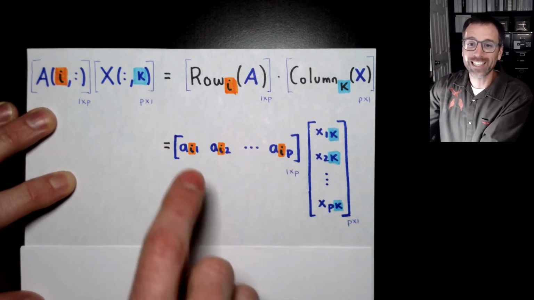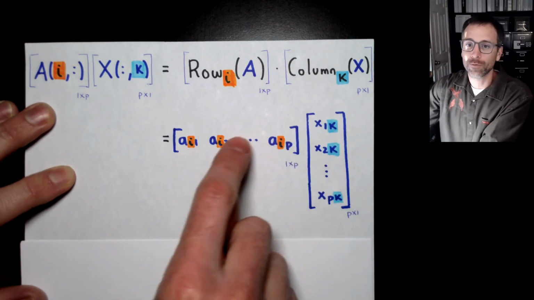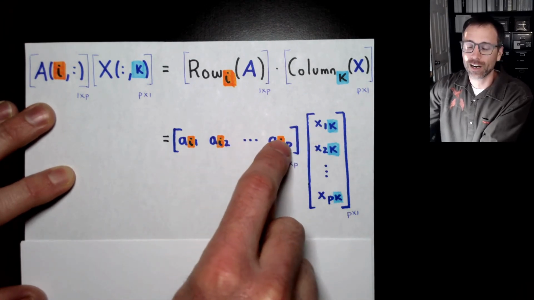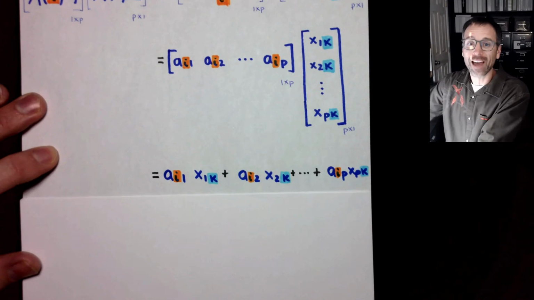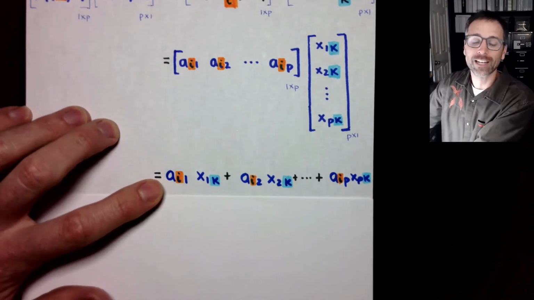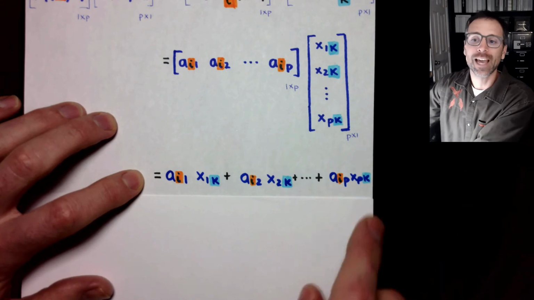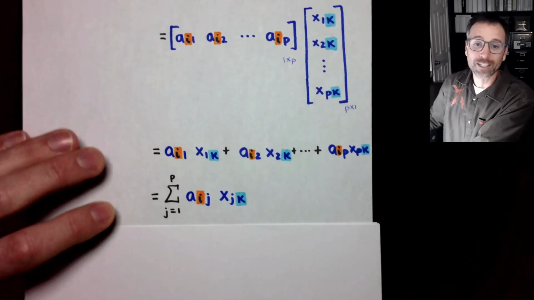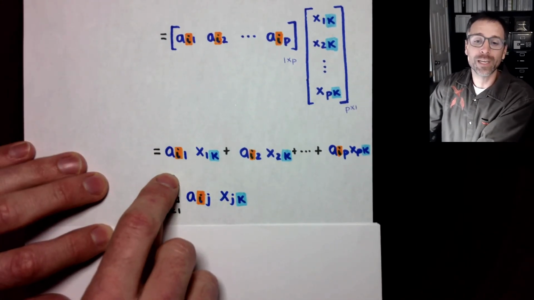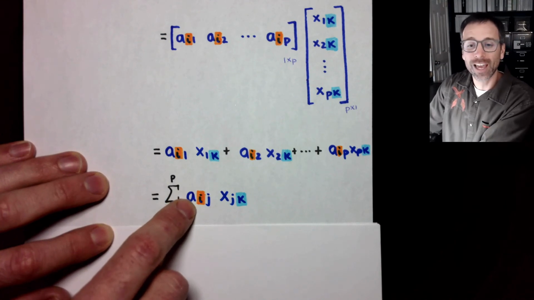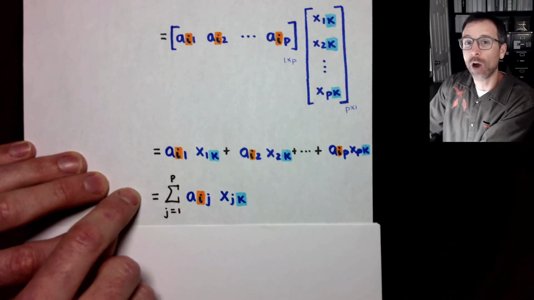So now when I take this product, I take first times first plus second times second plus, plus pth times pth, and that leads to the sum A_i1 x_1k plus A_i2 x_2k plus A_ip x_pk, which we can write in summation notation. j goes from 1 to p. The row index on the entries of A correlates with the row index of the output that I want.